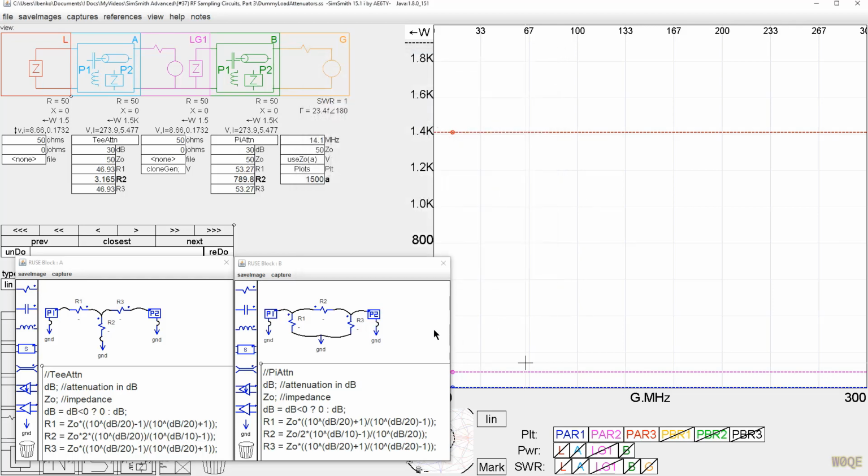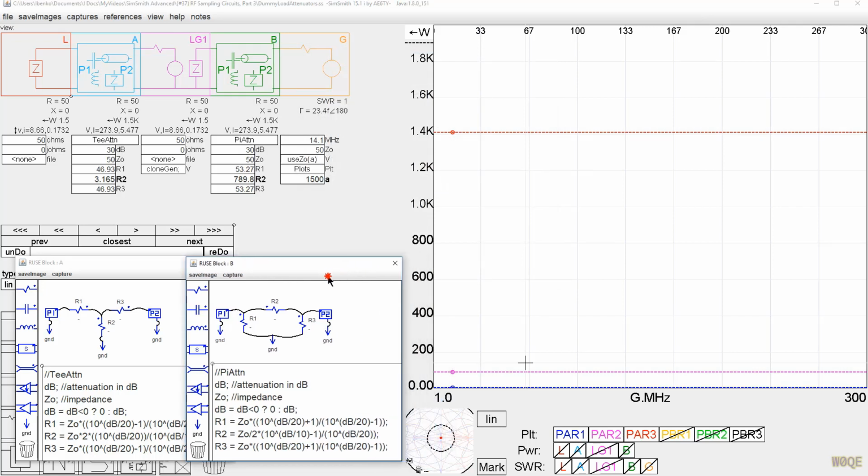And what I see here, move this over just a little bit, what I see here is resistor R1, which is on the far side of the T attenuator, has very little power in it. Resistor R2 has, I don't know, a little bit, maybe 70 or 80 watts in it. And resistor R3, which is on the input side, has over 1400 watts.